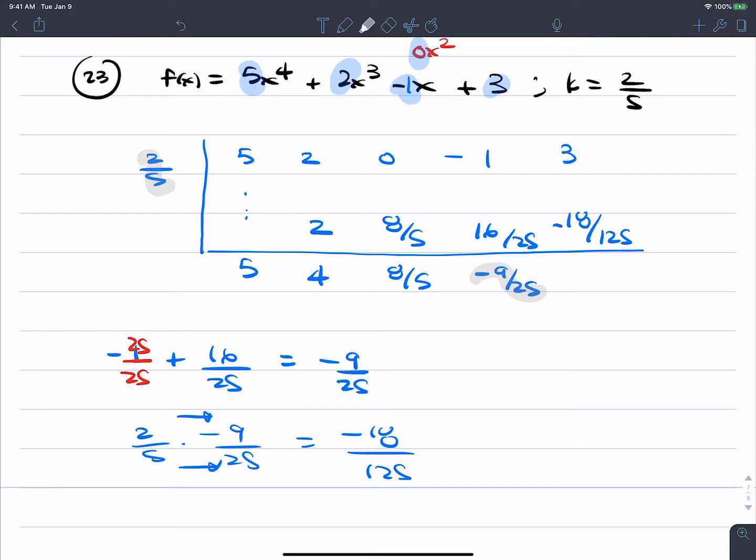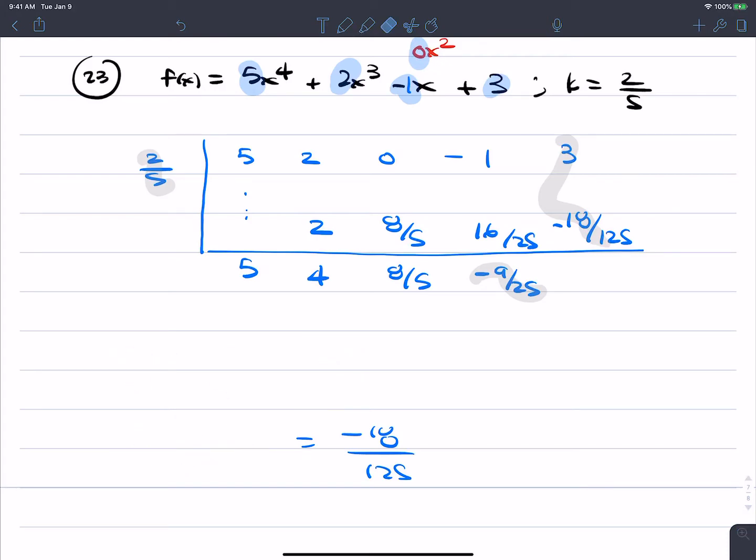We now have to add these two numbers, or subtract, however you want to look at it. I'm going to erase some of the work I have here. You can always go back in the video, because the arithmetic we have to do now will be 3 minus 18 over 125.